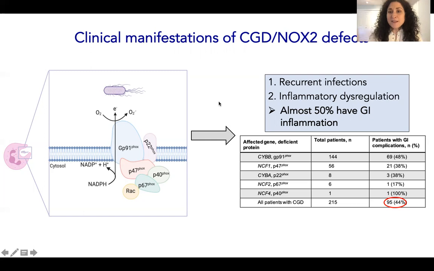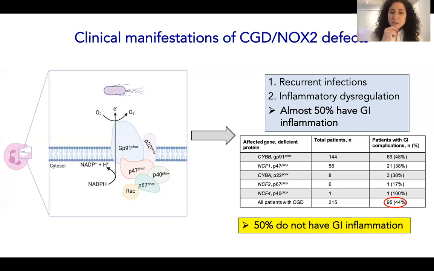Patients with CGD in general suffer from recurrent infections and inflammatory dysregulation. In fact, almost 50% of patients with CGD have some sort of gastrointestinal inflammation. When we evaluated the cohort of patients with CGD followed at the NIH, that's exactly what we found. 44% had gastrointestinal complications.